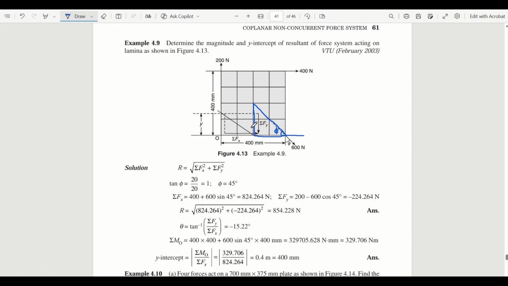There are 4 boxes here and 4 here, so it is 400 by 400 mm. So each box contains 100 mm by 100 mm, correct? So this is 100, this is 100, so this is 200 mm, and this is 100, this is 100, it is also 200 mm. So for that you can write 200 by 200.